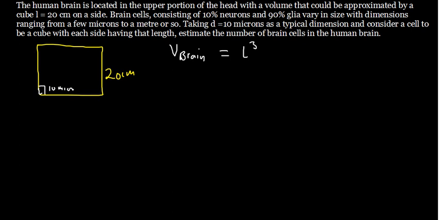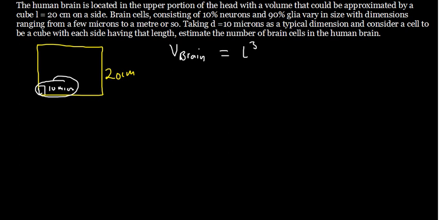Here there's a hand. I haven't understood the question. Okay, so the question is basically telling us we have got a brain, right? Your brain is a cube, and each side is 20 centimeters. And then you know that the body is made up of cells, right? So the cells in the brain are also in the form of a cube, and each side has 20 microns.